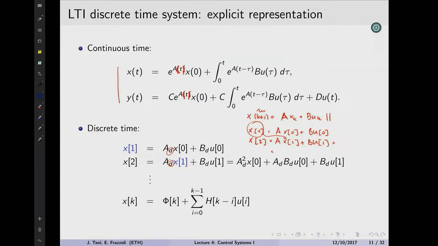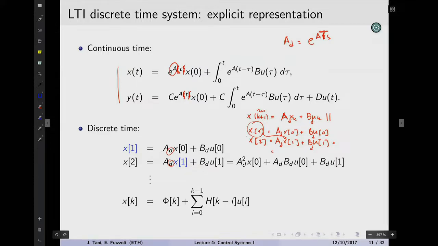The bottom line is that these should all be A_D, but sometimes people will just forget and write A and B. Keep in mind that this is now the discretized version. It's no longer the continuous time, it's not the same A as here. Remember, A_D is equal to e to the A T_s.